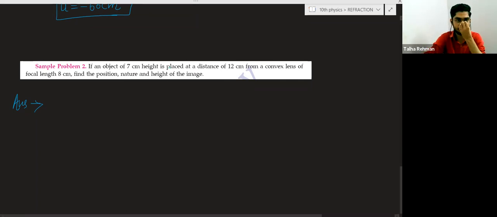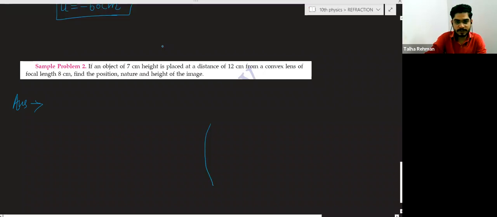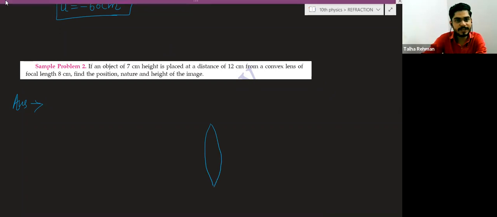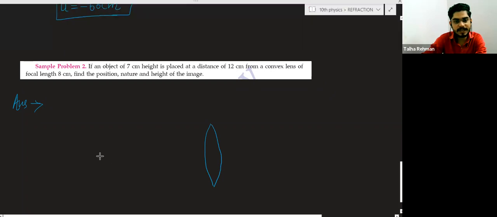This question is a very easy question. So first, always try to make the figure or the diagram of the question, because from the diagram each and everything will be clear.